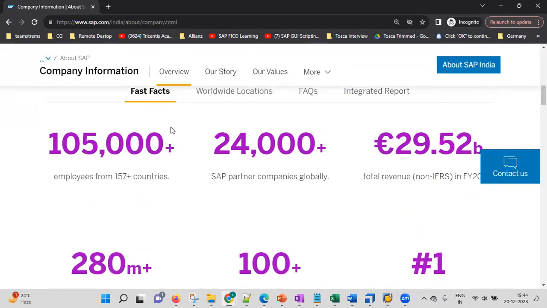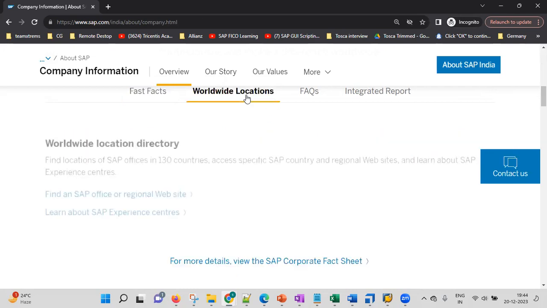You can see more than 1,05,000 employees are working in SAP now, across worldwide locations.